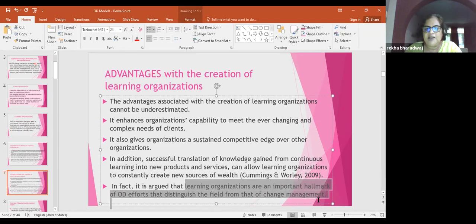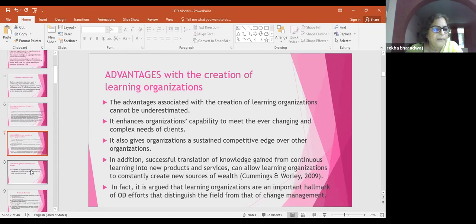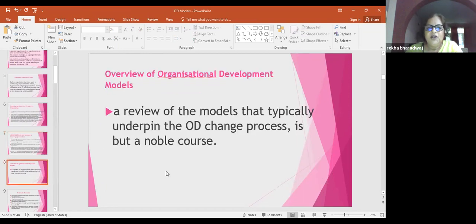So the end result of OD, I told you last time also, is that the organization must become self-sustained, self-growing, and it must want to change rather than change being thrust upon them willy-nilly.